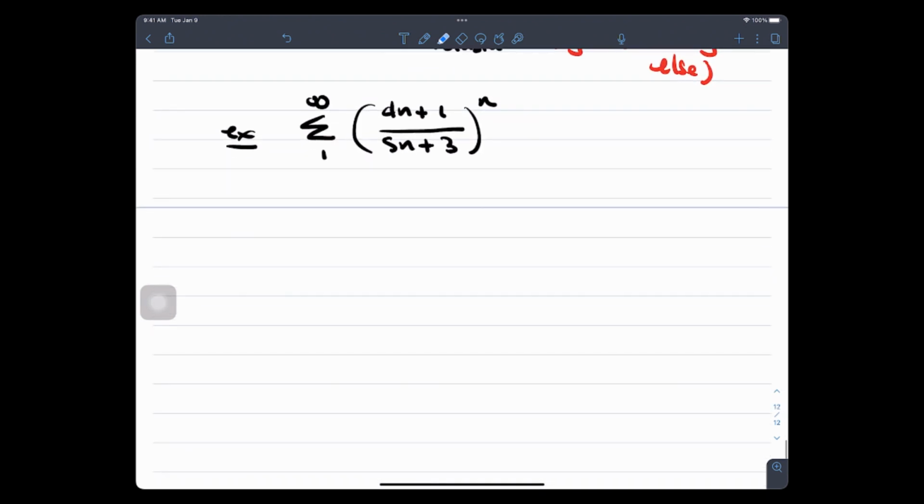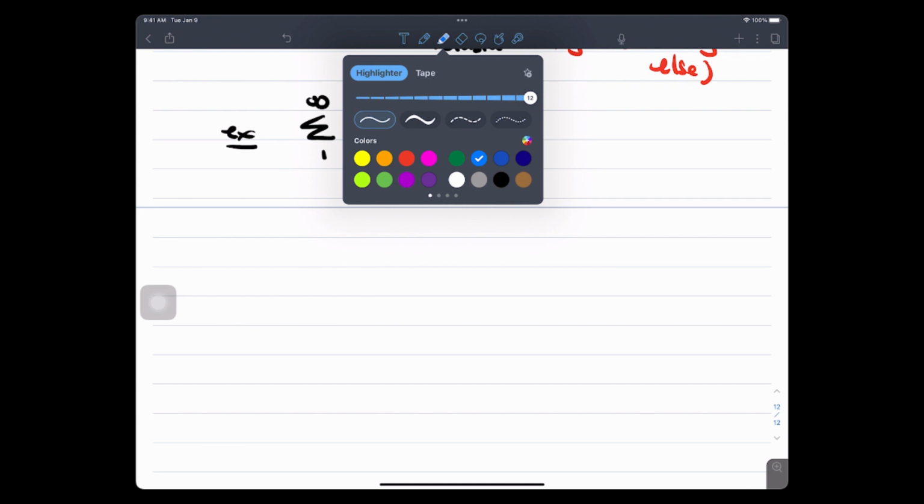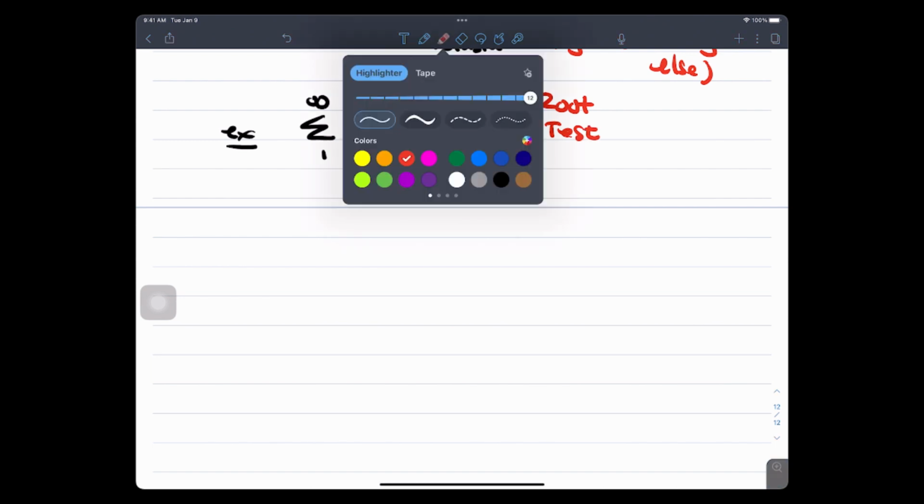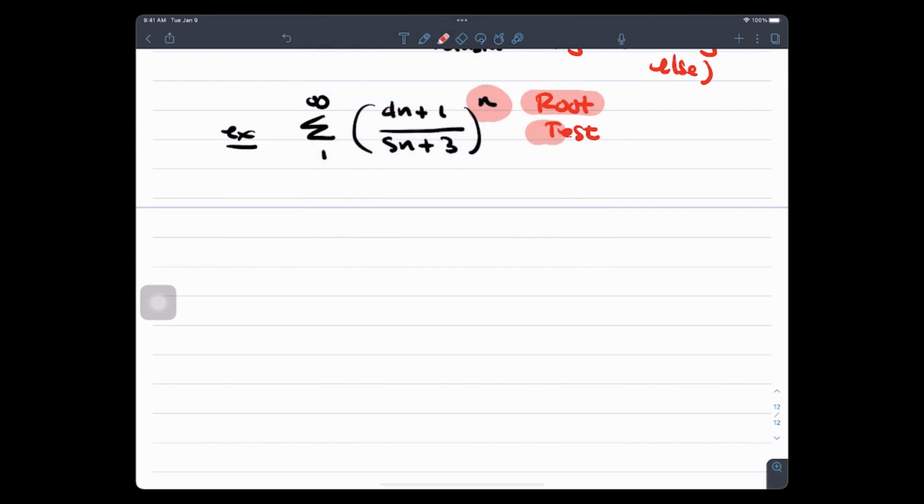Do you guys know how you know? If you see the nth power on this whole thing in parentheses, this is the tip-off to use the root test. That's your tip-off. Okay, you guys okay with that?